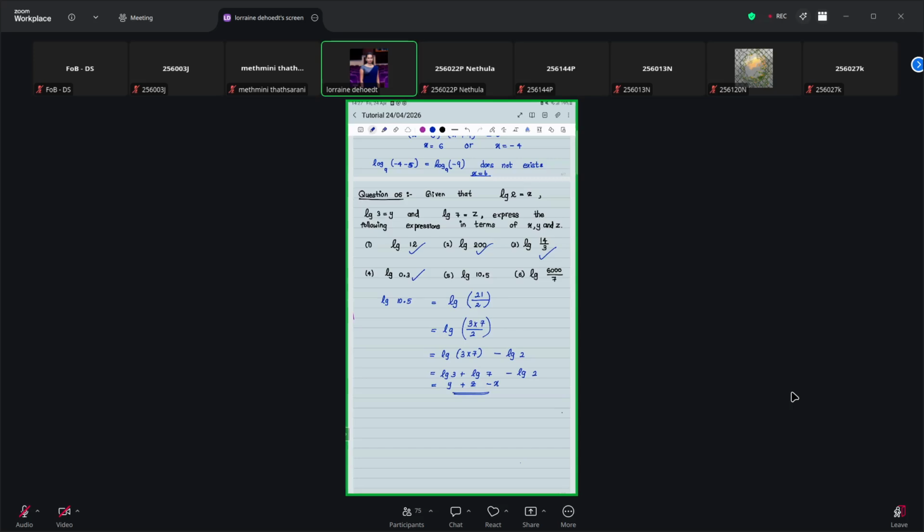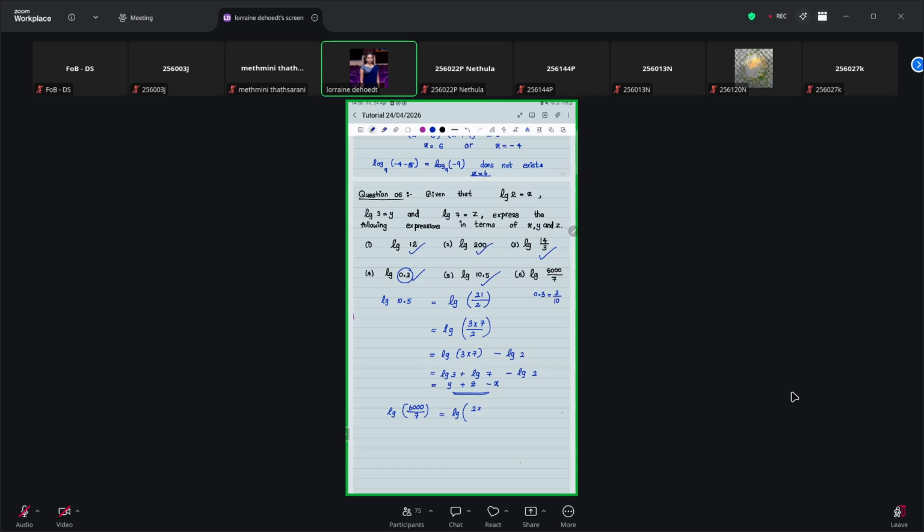Did you get the point? Okay, quickly we can check the last one. It is log 6000 divided by 7. That means log 2 into 4th one, 0.3. 0.3 we can rewrite as the fraction 3 over 10.